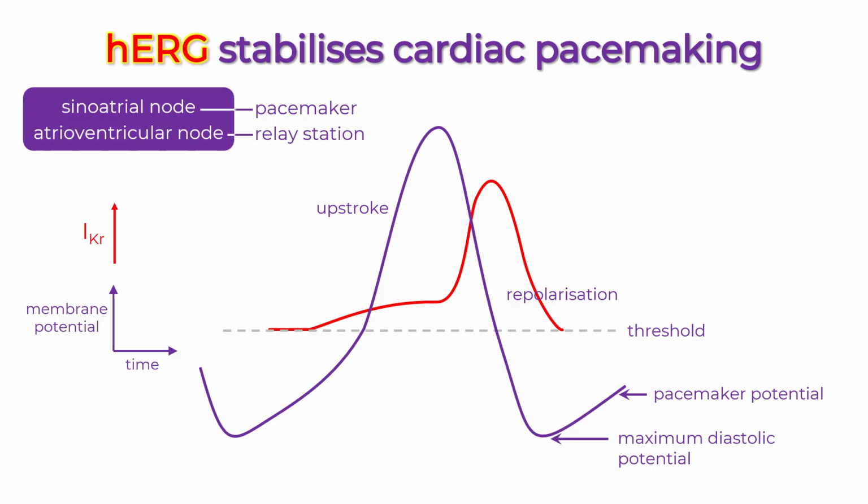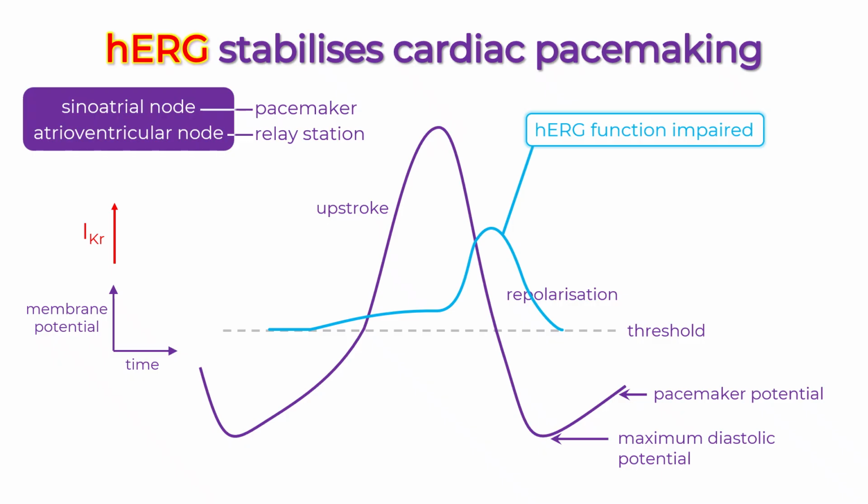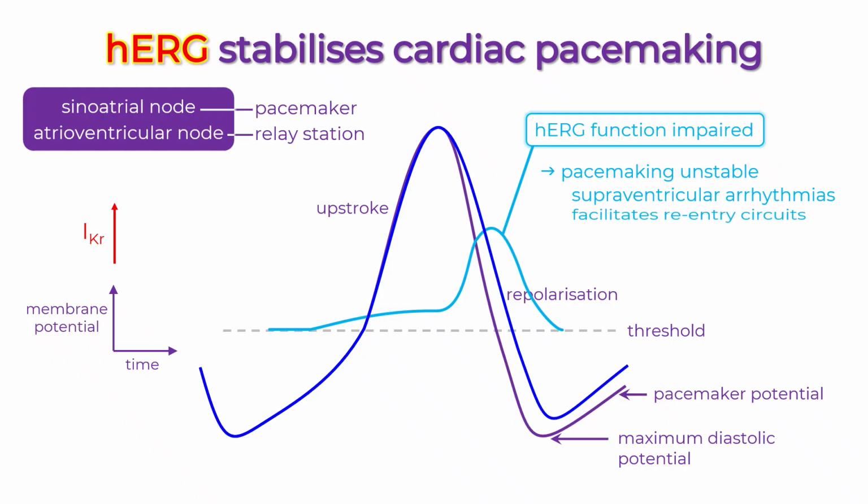When hERG function is impaired, the outward current driving repolarisation is reduced. Consequently, repolarisation slows. Pacemaking can become unstable and the conditions for supraventricular arrhythmias or re-entry may be facilitated. So the safety story is broader than one ventricular waveform. hERG contributes to electrical stability across several parts of the cardiac conduction system.